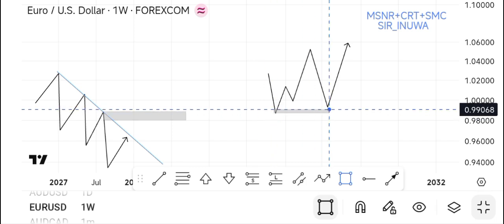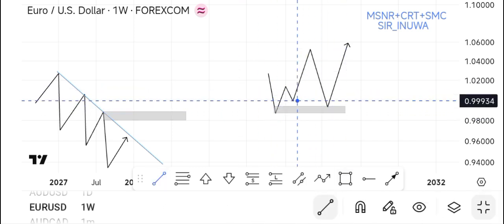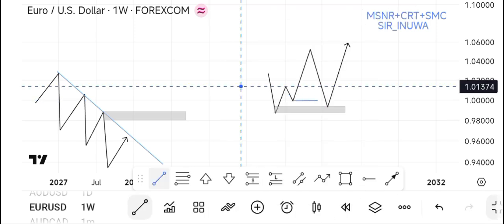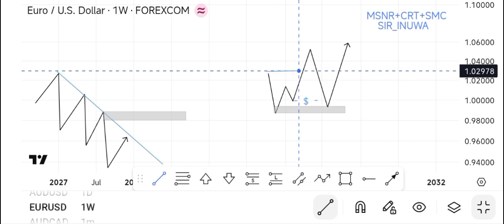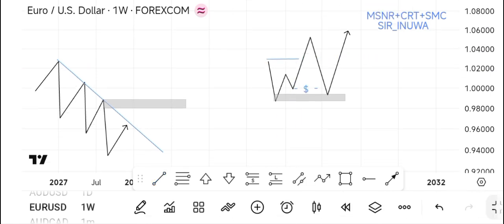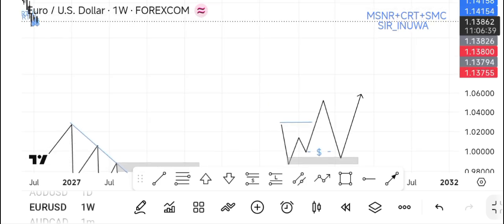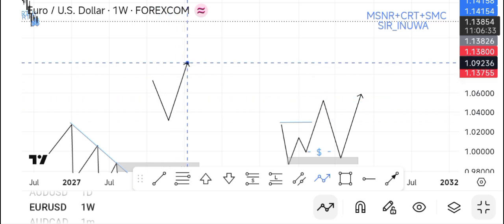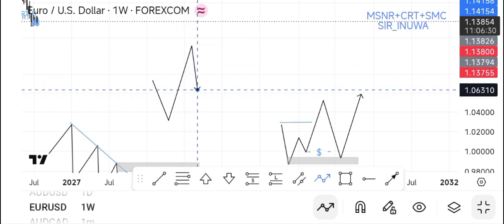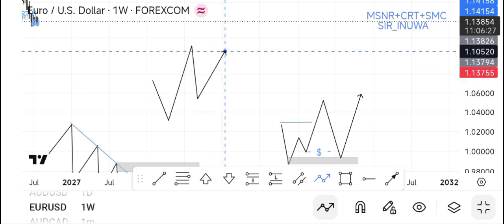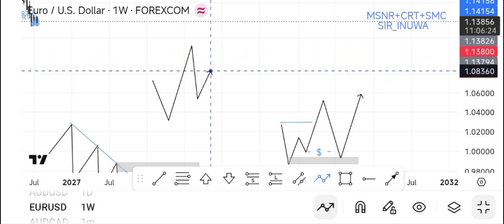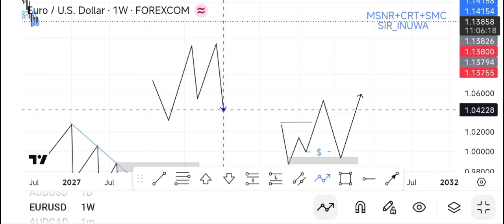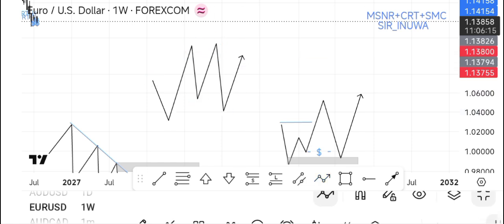Here is our liquidity, and this will be in my break of structure. And also we have this: the first pullback is either the 50% of this candle here or the full of it, which is valid before dishing out.